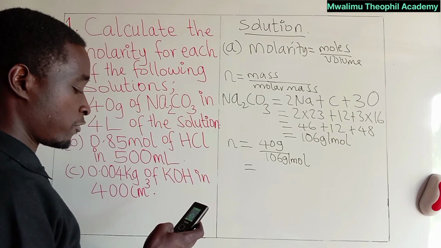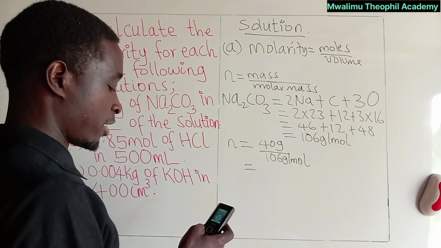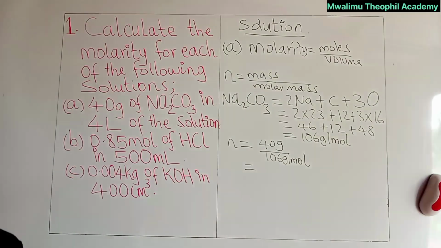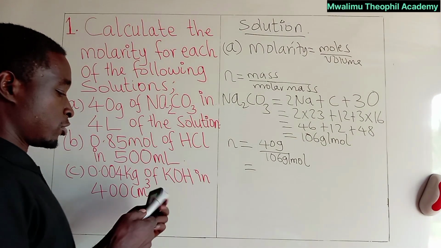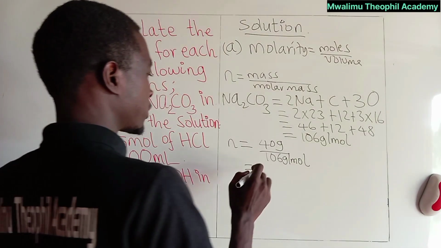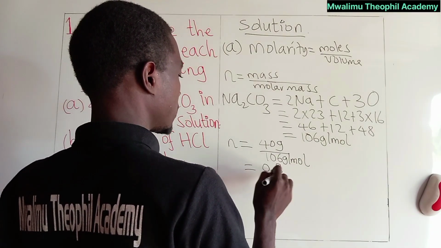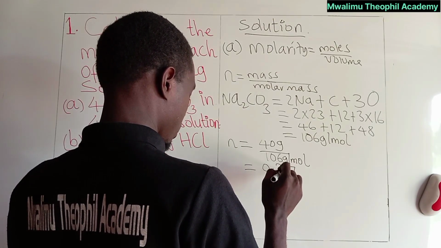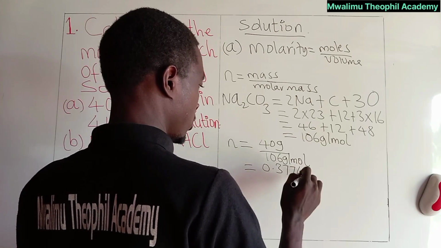We have 40 grams over 106. The answer obtained here is equal to 0.3774 moles.